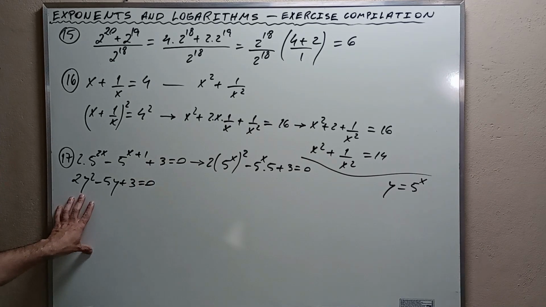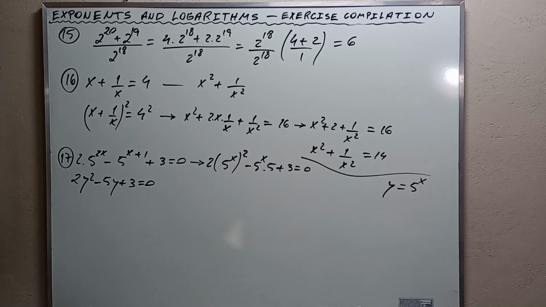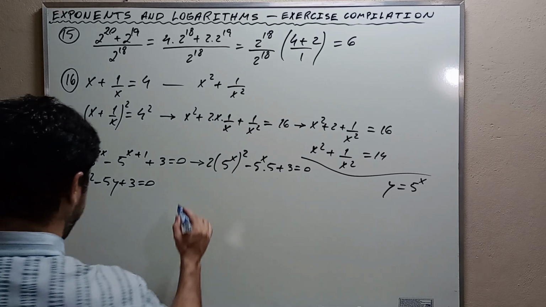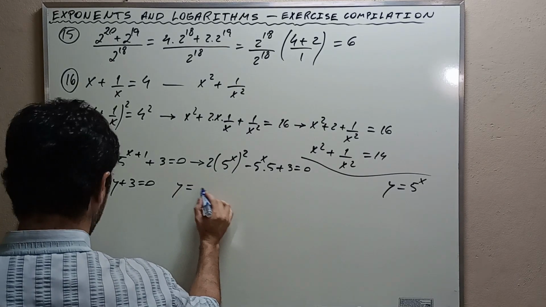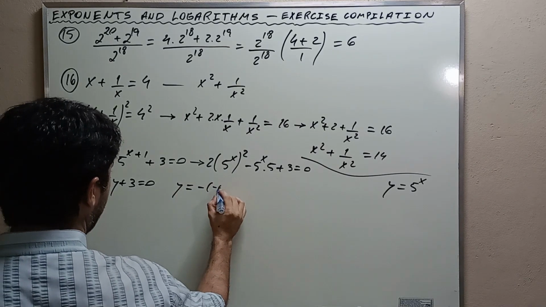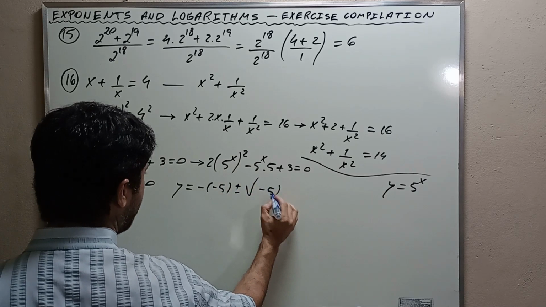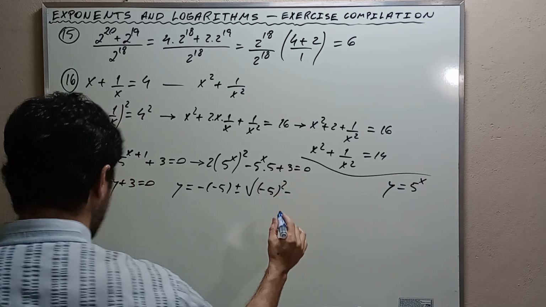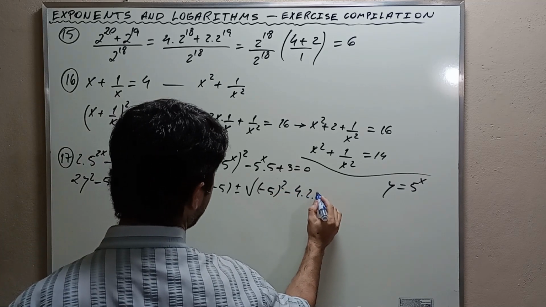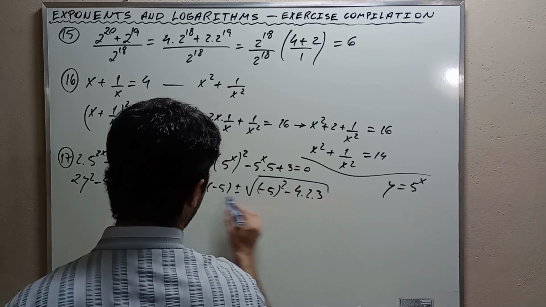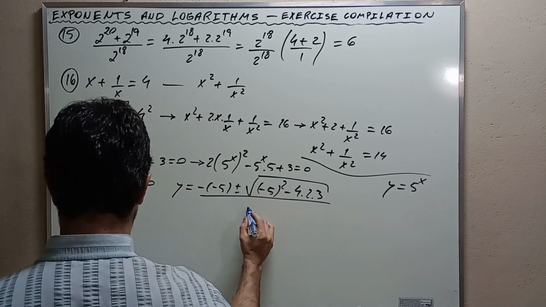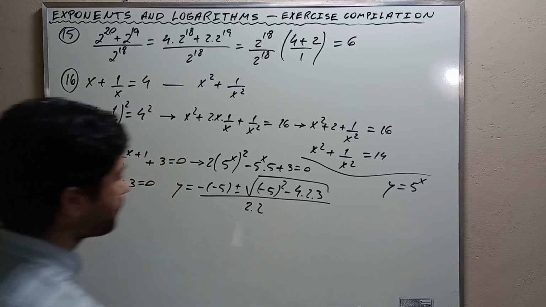It becomes a quadratic equation, and the solution of the quadratic equation is very much known. Using Bhaskara, we find that y is equal to negative 5 plus or minus the square root of negative 5 squared minus 4 times 2 times 3, all divided by 2 times 2.